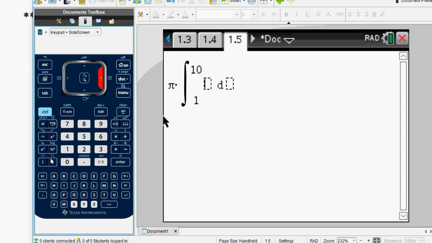And we're coming over here, parentheses, we have 3, that's our big R squared, minus, and I'm going to put in parentheses our little r, which is 3 minus the square root of quantity x minus 1. And we have to come out and square also the little r. And so there's the little r squared. And then we're doing this with respect to x, dx.